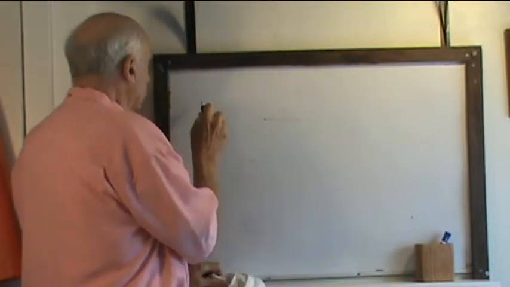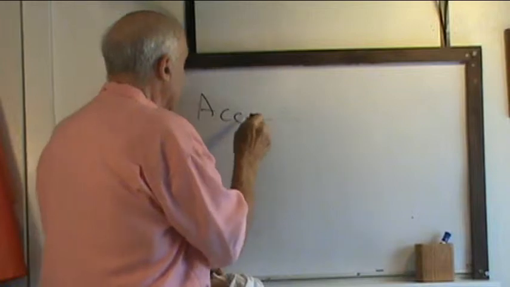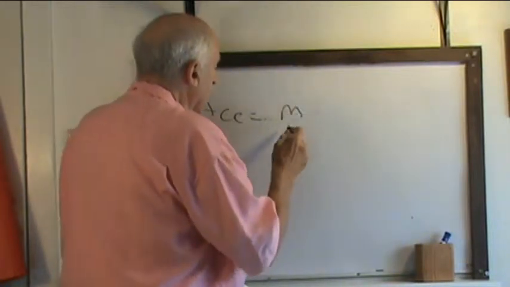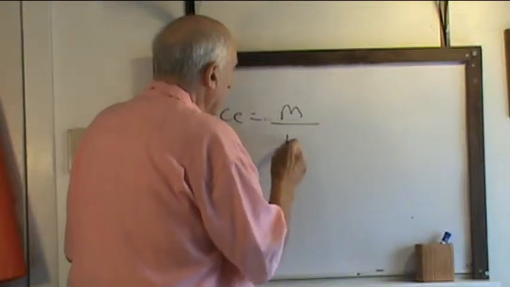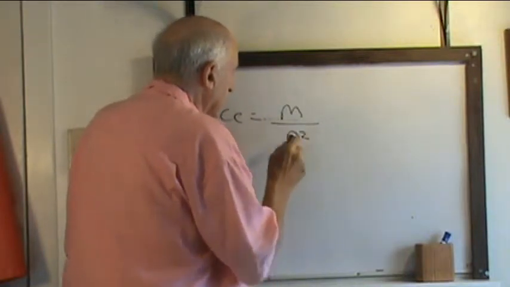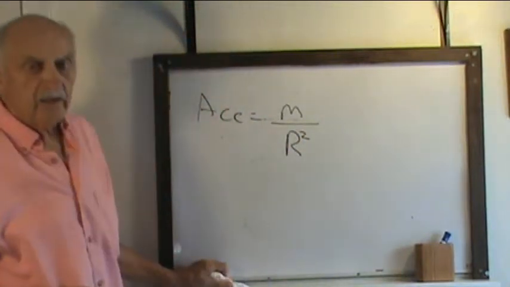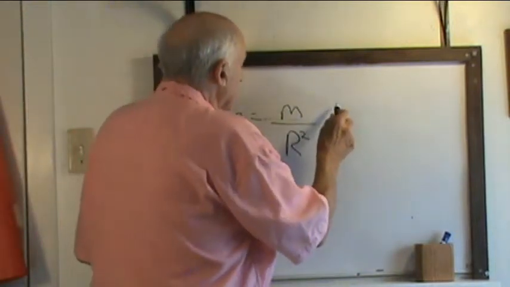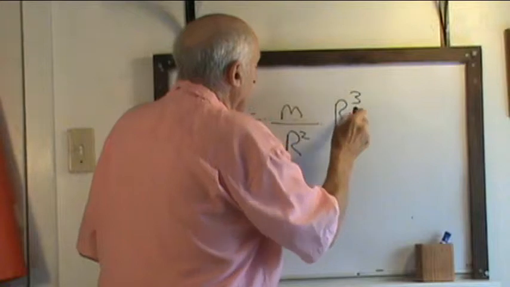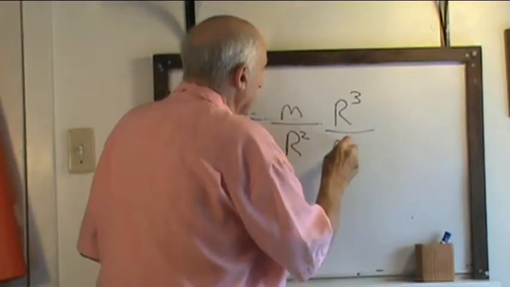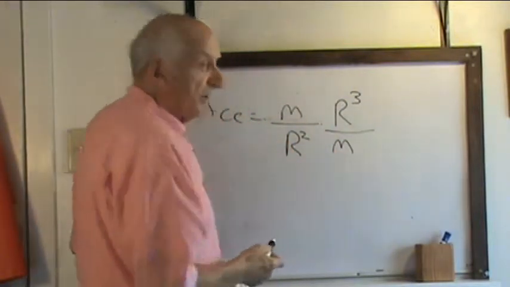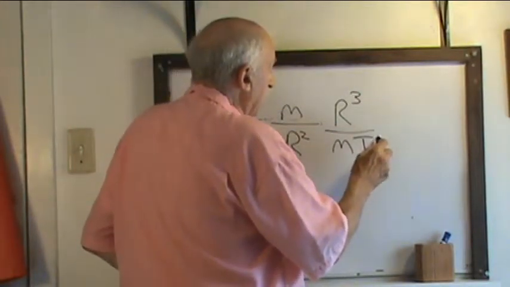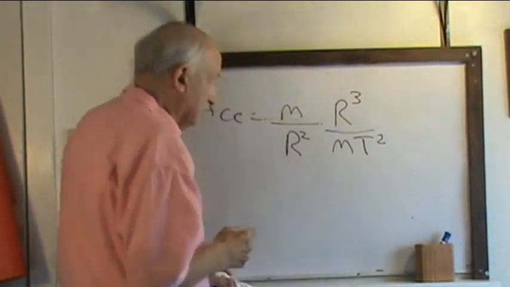We get that the acceleration is equal to the mass of the Earth divided by the radius of the orbit, and now G we're going to replace with r cubed divided by the mass of the central body again, and multiplied by the period squared.